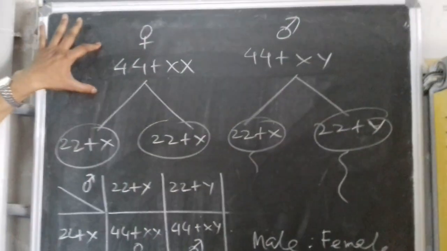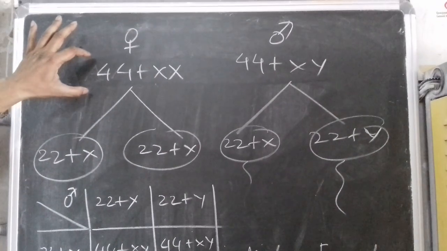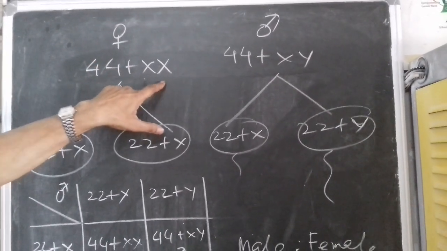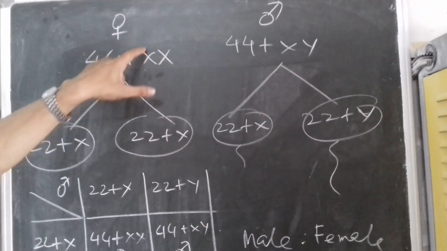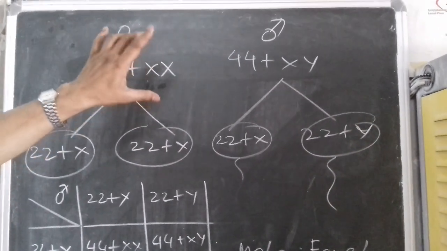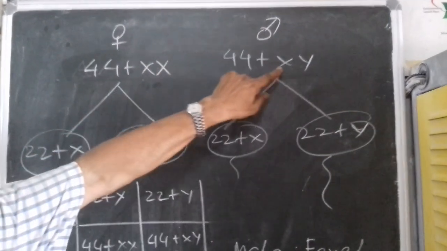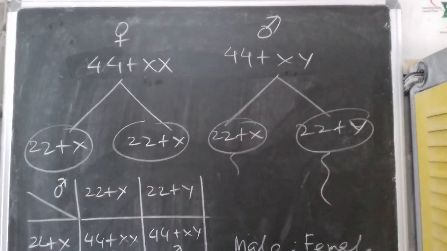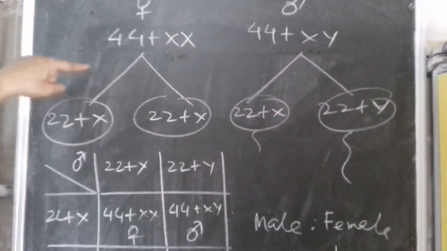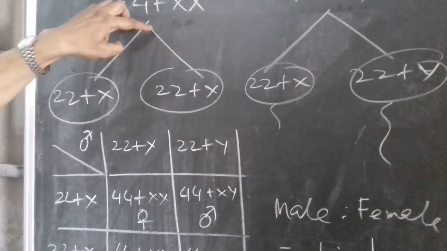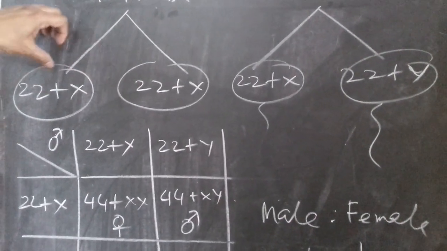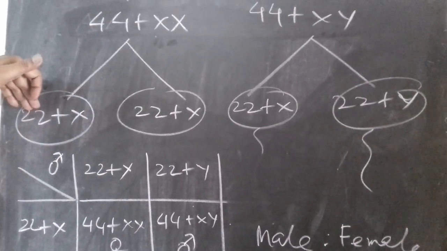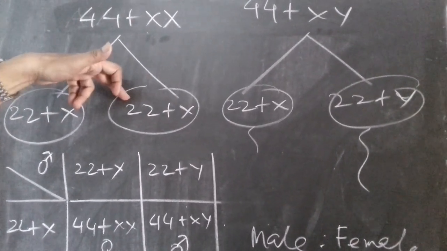In human beings, the female has 44 autosomes and one pair of sex chromosomes, X and X. Similarly, the male has 44 autosomes plus XY as the sex chromosomes. When meiosis takes place in the formation of the ovum, it becomes 22 plus X and 22 plus X, because the chromosome number becomes half in the autosomes as well as in the sex chromosomes.